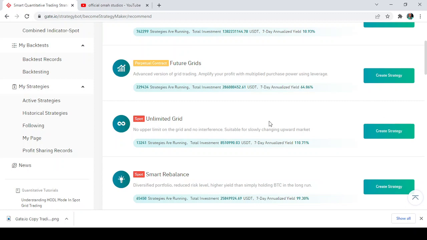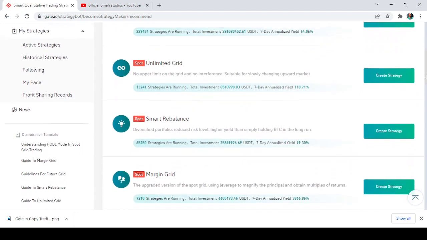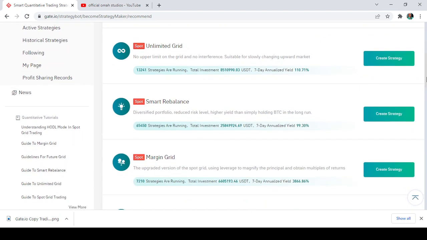So unlimited grid helps us to buy more. The idea is basically to keep buying and selling, to increase the movement of digital assets from one place to the other. That is the idea behind unlimited grid.